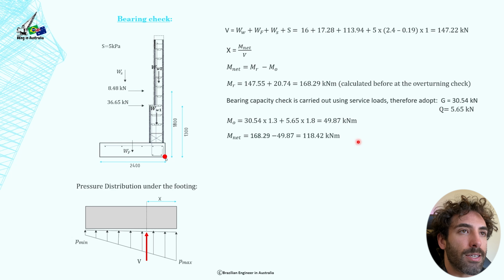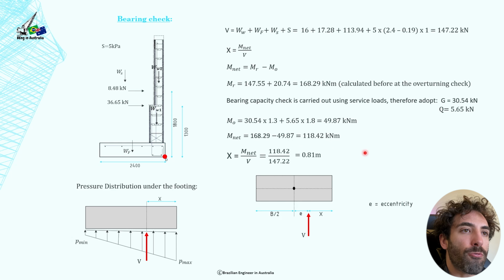So M net is 168.29 minus 49.87, we've got that M net is equal to 118.42. Now if we just chuck that in that formula, we've got that x is equal to 0.81. So that's the distance from the V force to the edge of the footing.